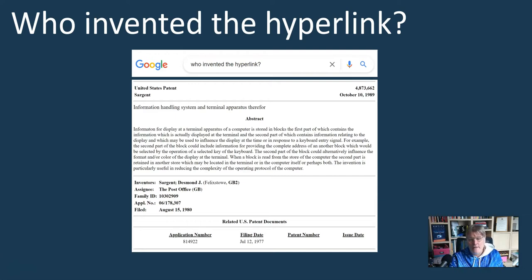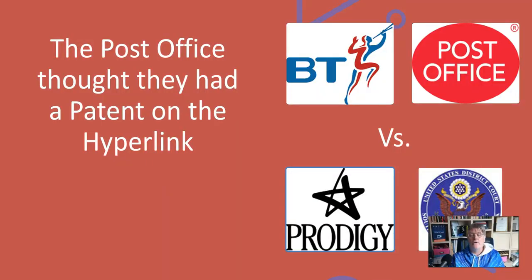The Post Office later got sold on to British Telecom, BT, and that meant that BT thought that they had a patent on the hyperlink. So in the year 2000 to 2002, there was a fairly significant court case going on in the US because British Telecom thought they owned the hyperlink.